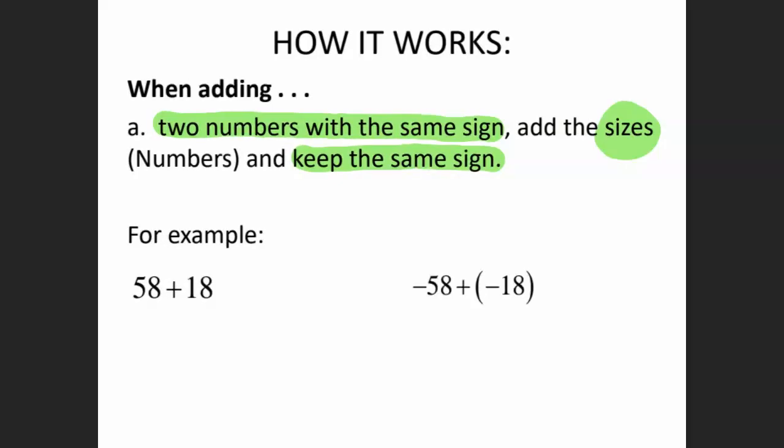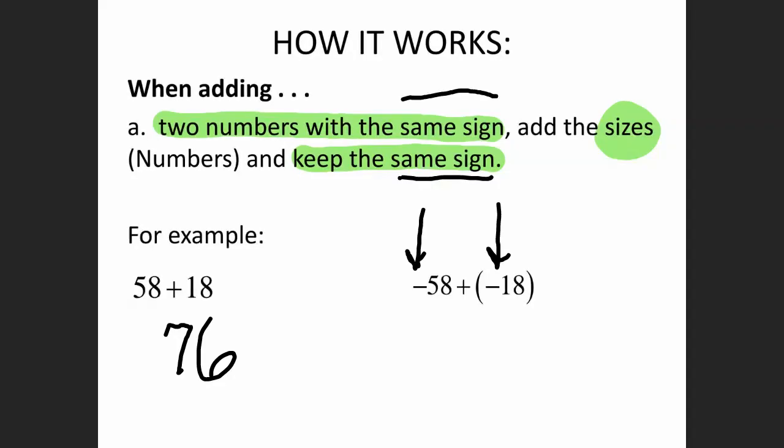So when I add them together, I am going to get 76. Now it's positive. Do I have to write the positive sign? No. If I have two negatives, now notice they're the same sign. This will give me a negative 76. I'm still adding the numbers.